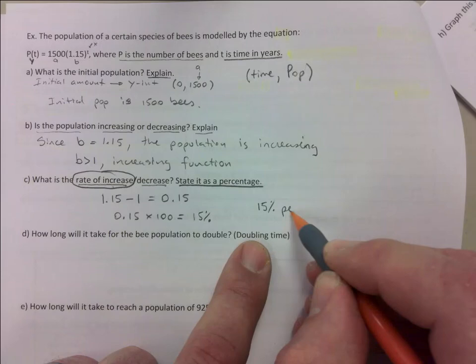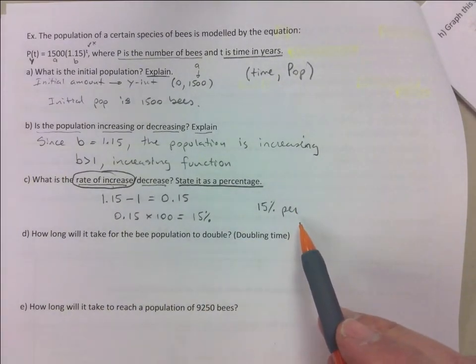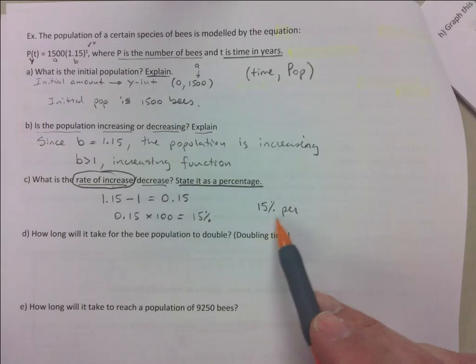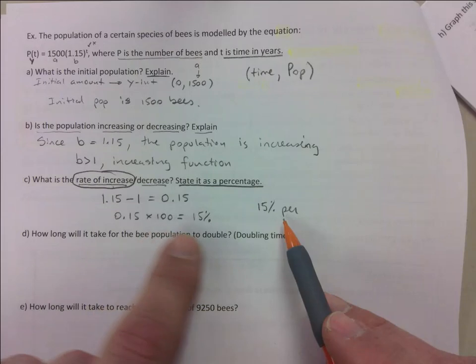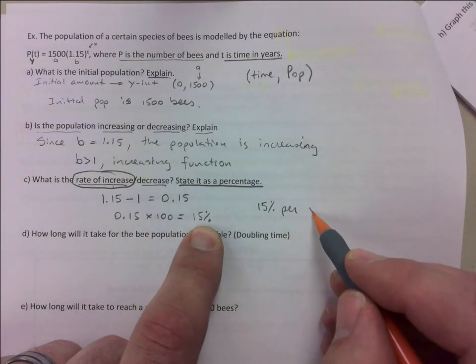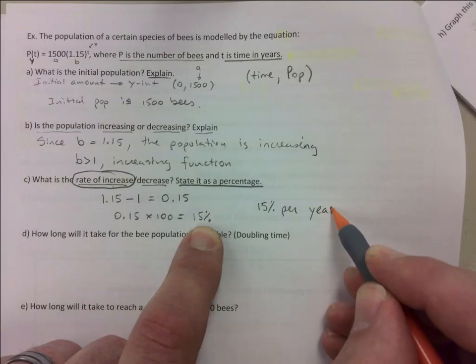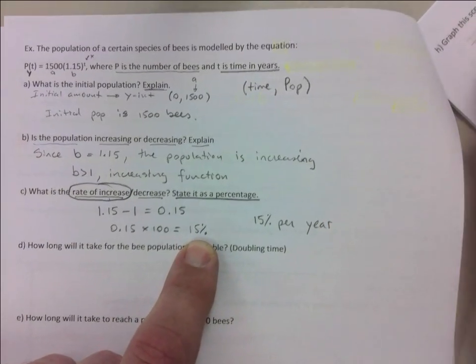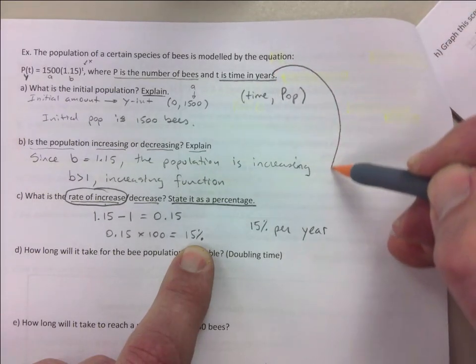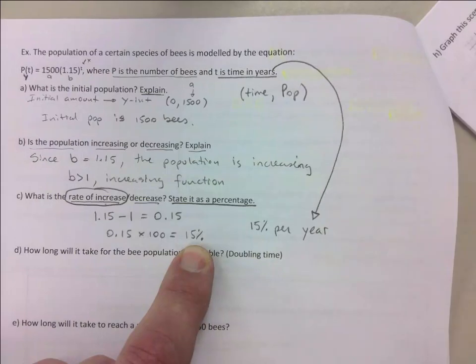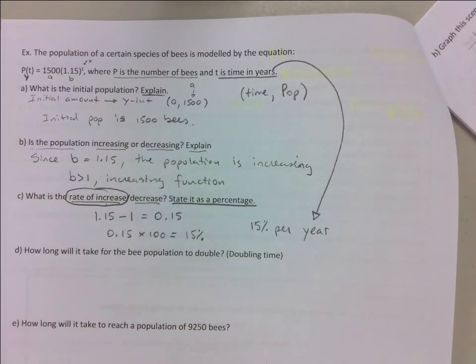Per what? What is our time measured in? Time is in years. So when you find this, it is per year. And this is why I'm going to go all the way up here to this part and make an arrow to that part.